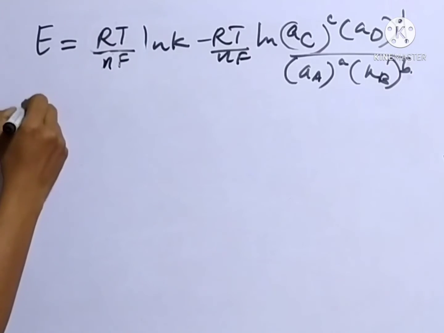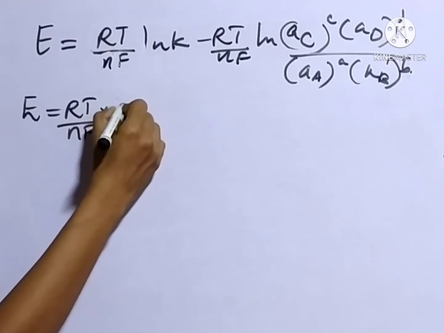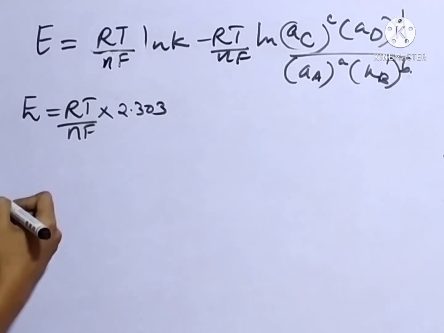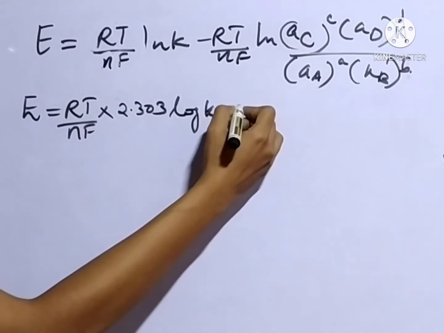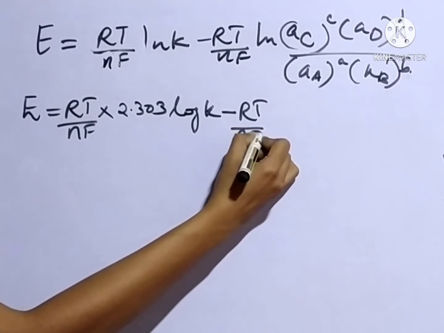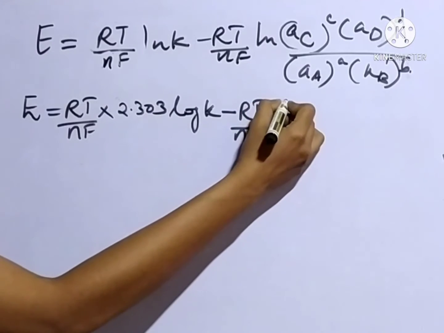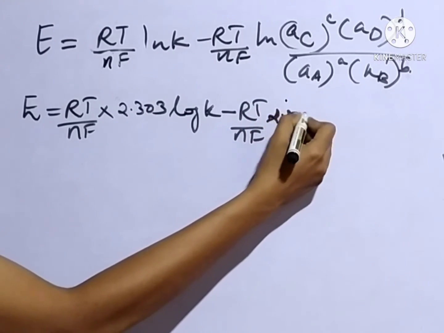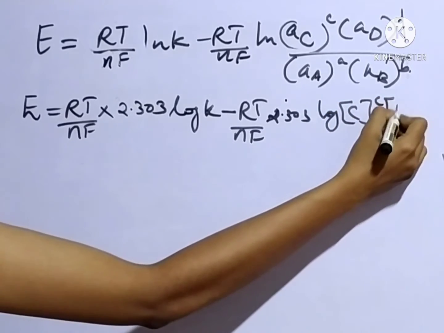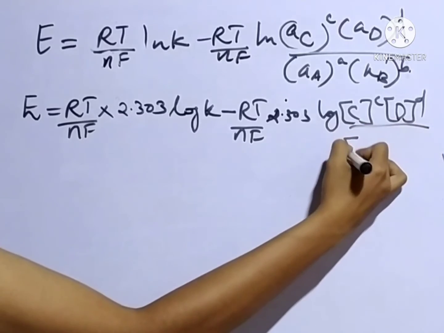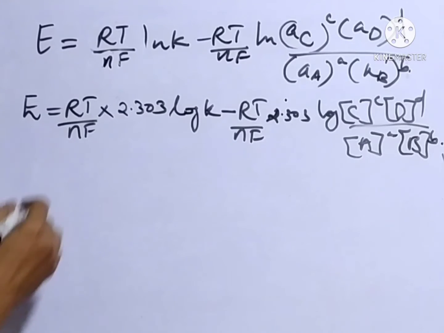And this will be E equals RT by nF, and we can multiply by 2.303 log K, minus RT by nF. Instead of this term, we can use simple concentration terms also: 2.303 log concentration of C raised to c into D raised to d divided by concentration of A raised to a into concentration of B raised to b.